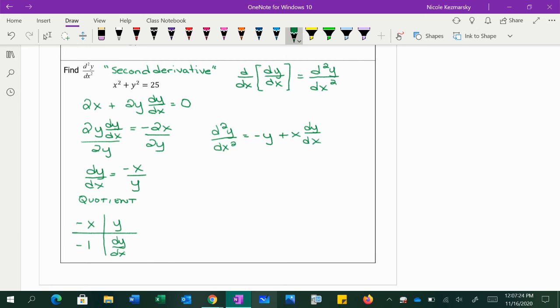Okay, so I did -1 times y, so this was this diagonal, and then -x dy dx, which got me this, and I subtracted them, which is how we got a positive. And then I'm going to divide by my original denominator, which is a y squared.